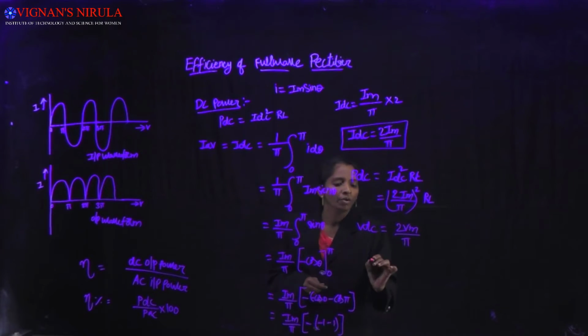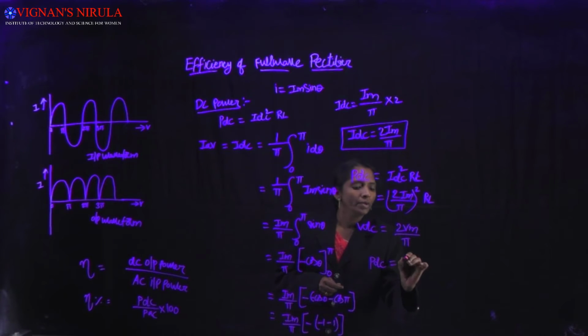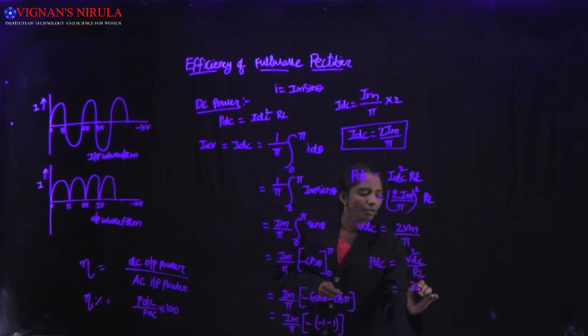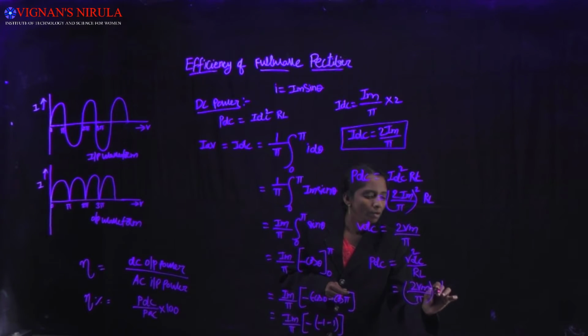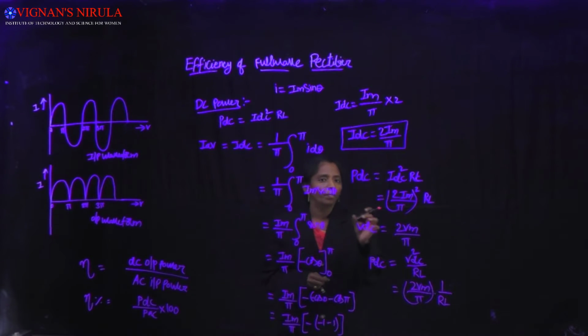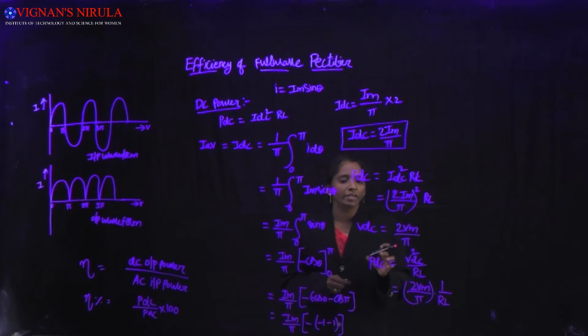From this we can write PDC equal to VDC square by RL. Now VDC square is 2 Vm by pi whole square, into 1 by RL. This is the DC power equation by using VDC and IDC.